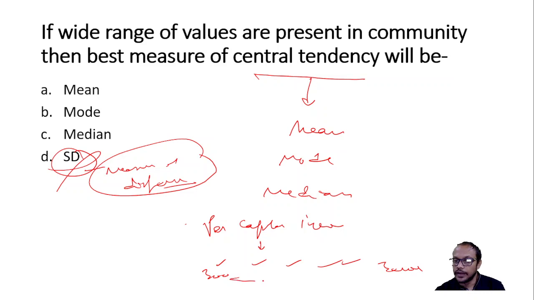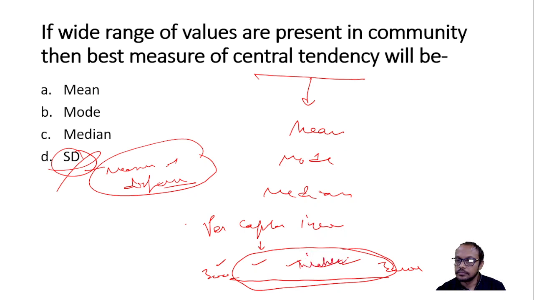So, there is a wide range. If you take the mean of that, the mean would be in the lakhs. These are very few, the majority of them are at 40,000 to 50,000, but if you take the mean, it will be in lakhs.